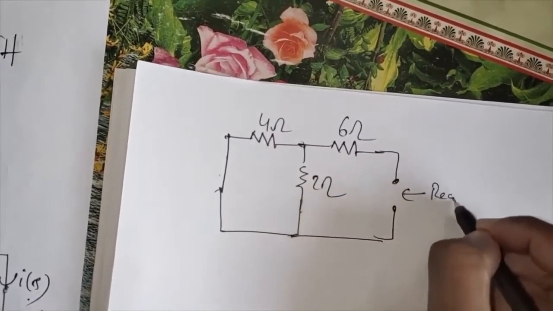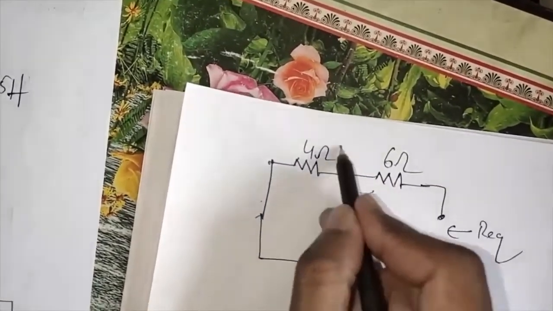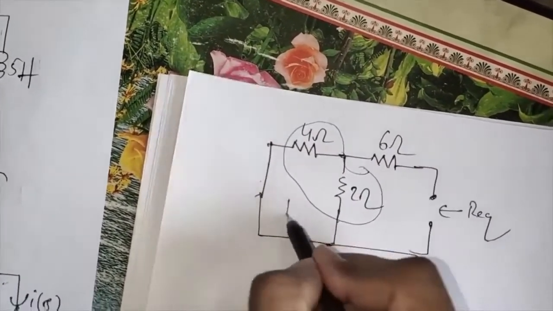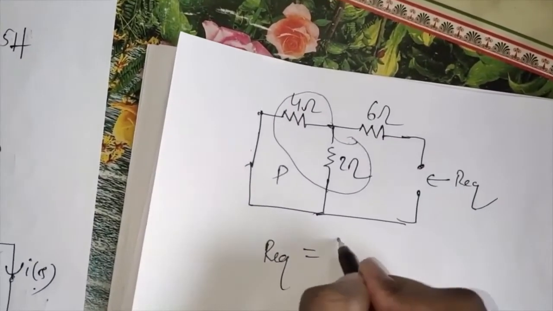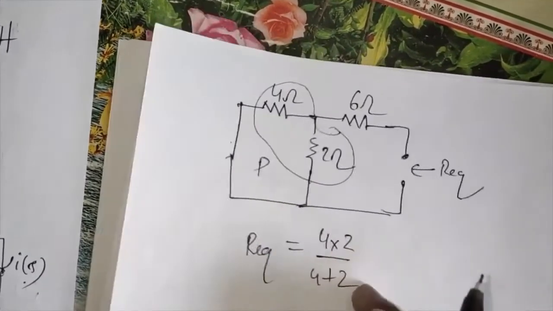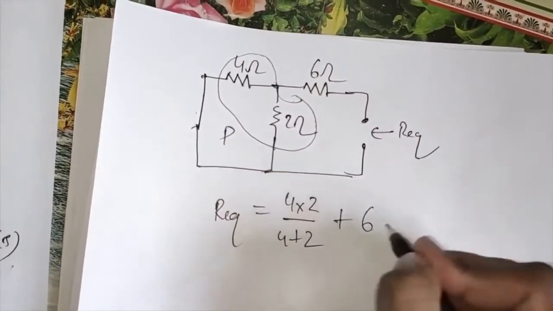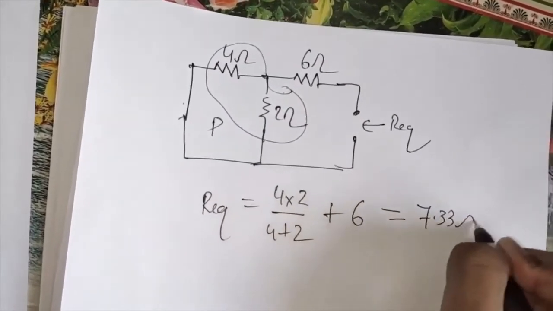from the inductor terminals. So these two are in parallel, so R equivalent will be 4 into 2 by 4 plus 2, and that value is in series with 6 ohms. So when I simplify, I will get 7.33 ohms.